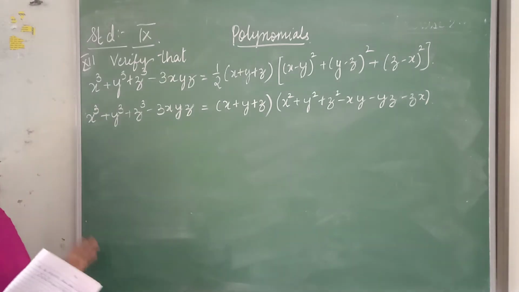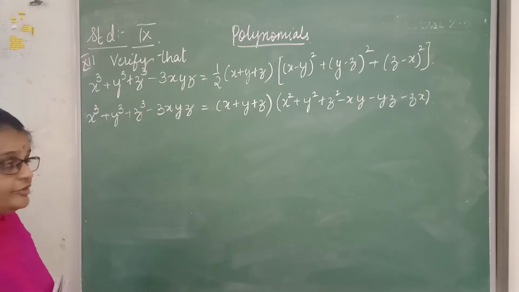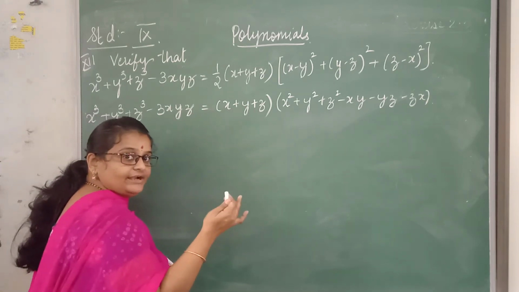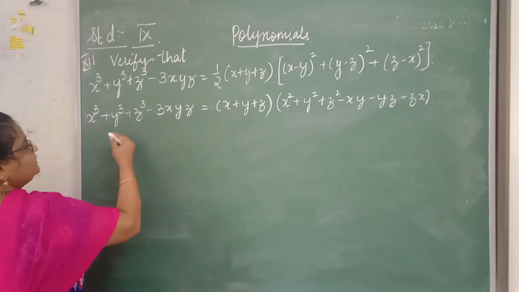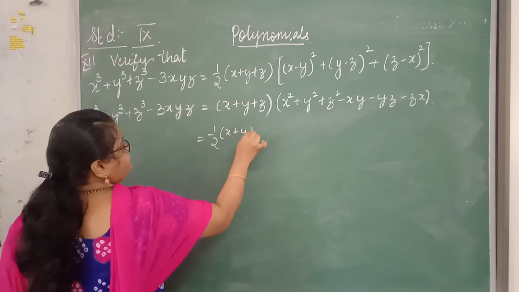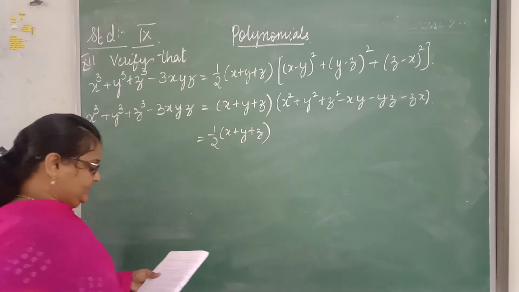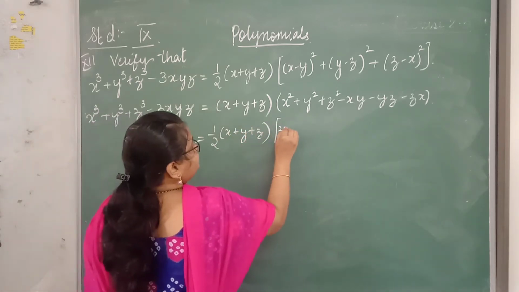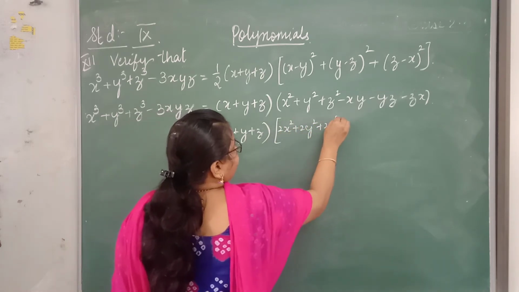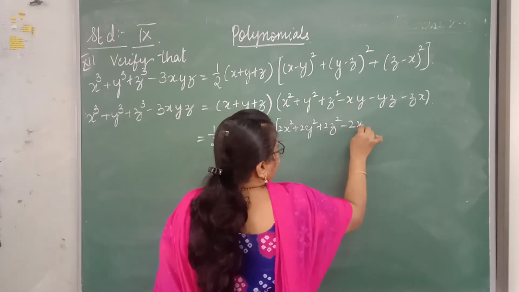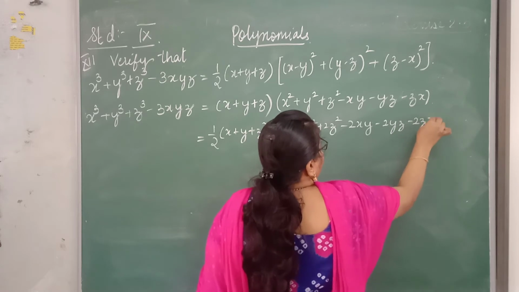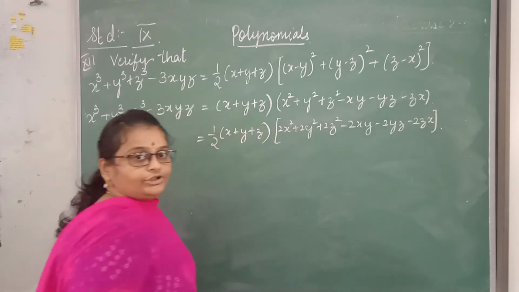So now the next step is, in RHS multiply and divide by 2. So that this becomes 1 by 2 into x plus y plus z into 2x square, 2y square, 2z square minus 2xy minus 2yz minus 2zx. Hope you all are following it.